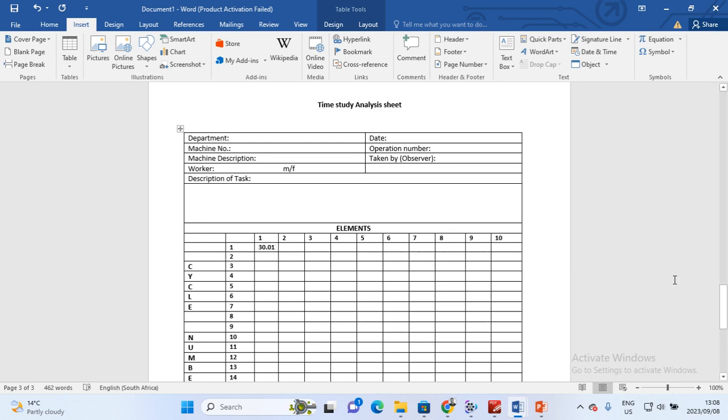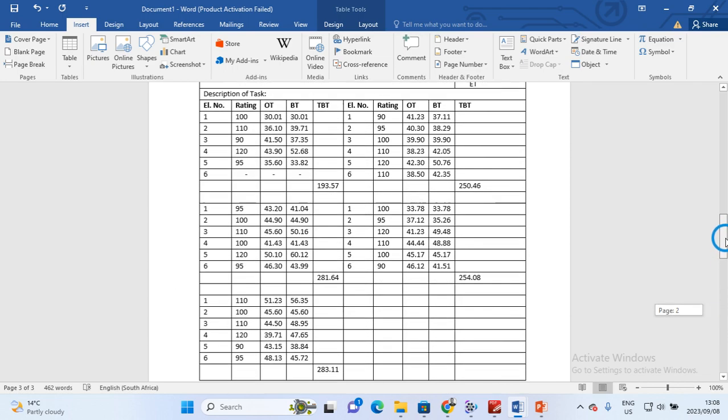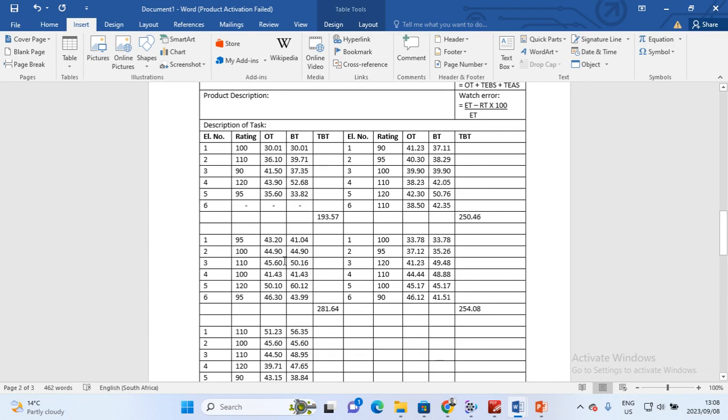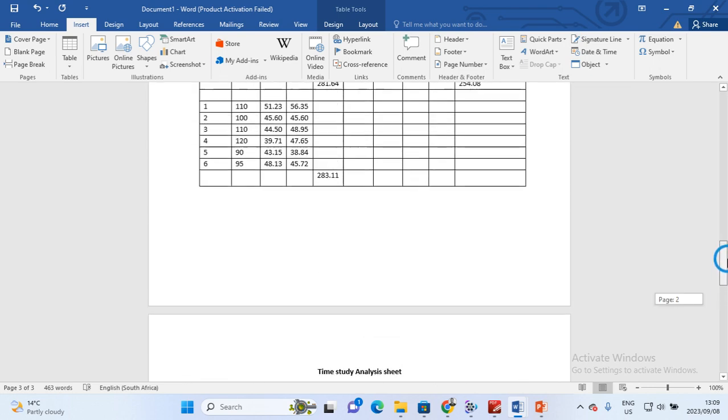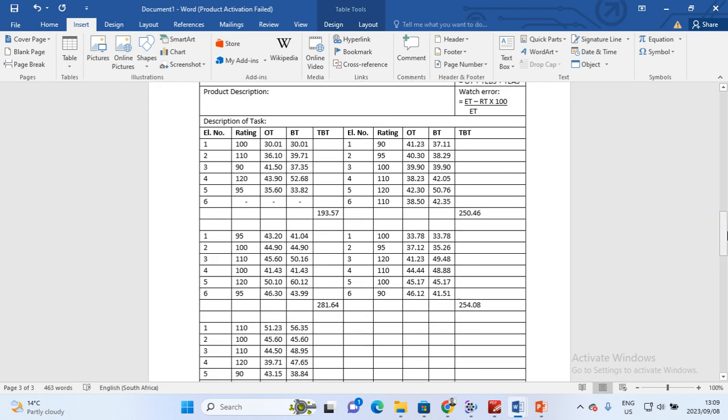Alright, we have to move on to our second one, still element 1 but the second cycle. Which one is our second cycle? This is our second cycle. We are going to take 41.04, and that's how we're going to fill 41.04. Now we're going to move to the third cycle, but still our first element, which is going to be 37.11.